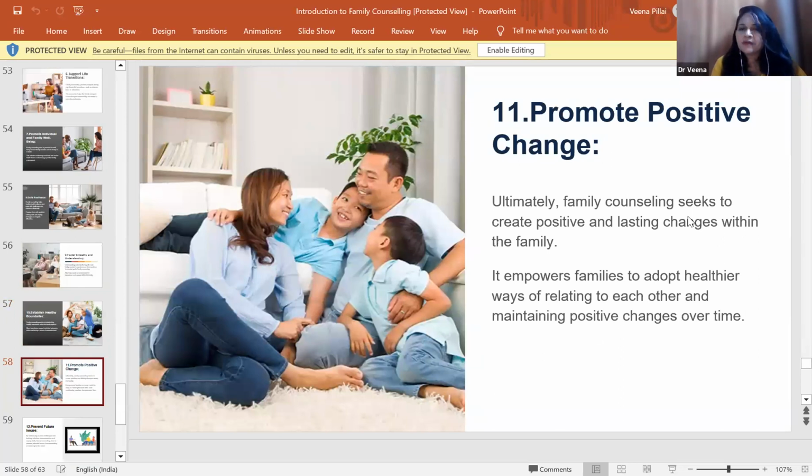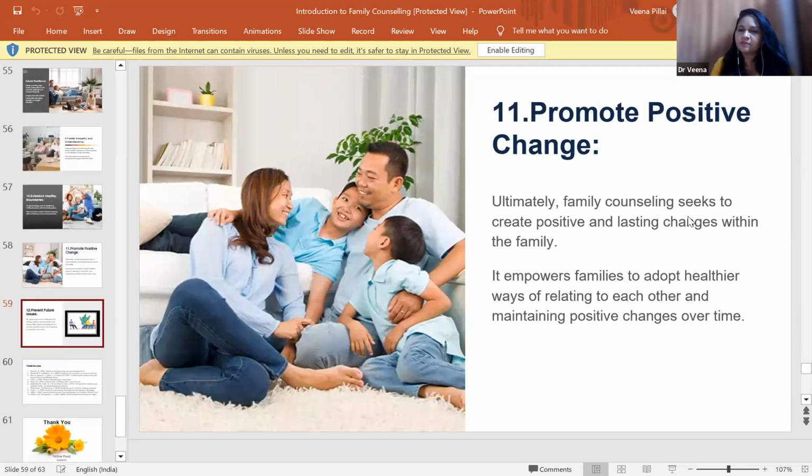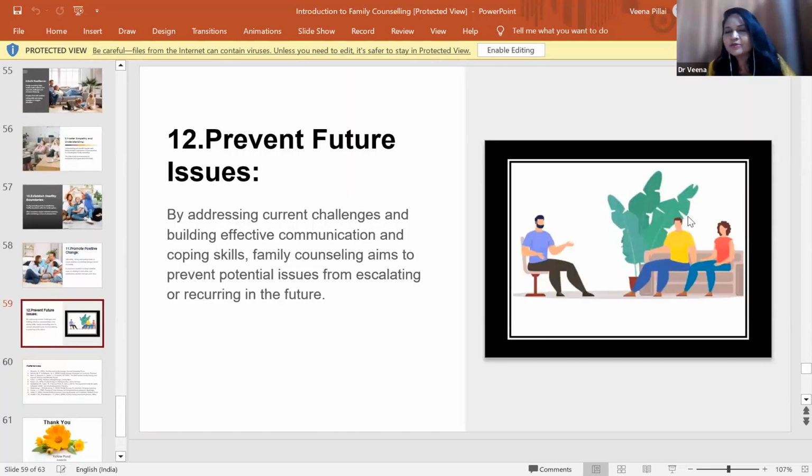So promote positive change. Ultimately, family counseling seeks to create positive and lasting changes within the family. It helps the family members to adopt healthier ways of relating to each other, and also to maintain a positive change over time. Prevent future issues.